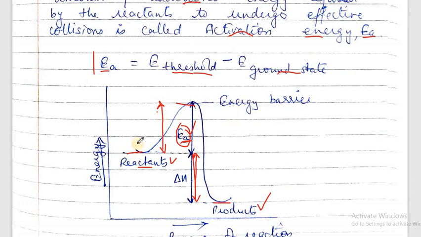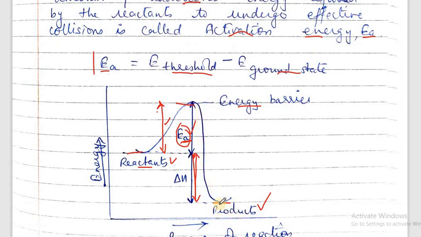So we can easily tell how much additional energy, or how much activation energy, is required by the reactants by this diagram. That is, this is the energy of reactants and this is the activation energy. And now, when reactants get this much extra energy, then they will form a transition state, that is, they will have this amount of energy, the energy barrier to cross to form products, and then they will form products.